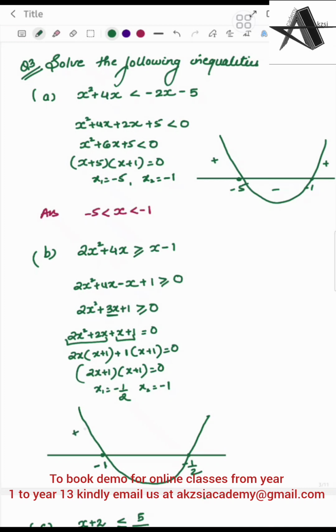Same, positive, negative, positive. What is our inequality? Greater than or equal to 0. If it's greater than or equal to 0, I need to select the positive region, this and this. That means I have to select all the values of x that are less than or equal to -1, or x that are greater than or equal to -1/2 will be our answer.